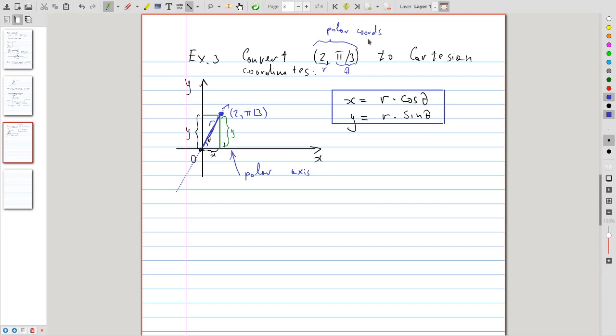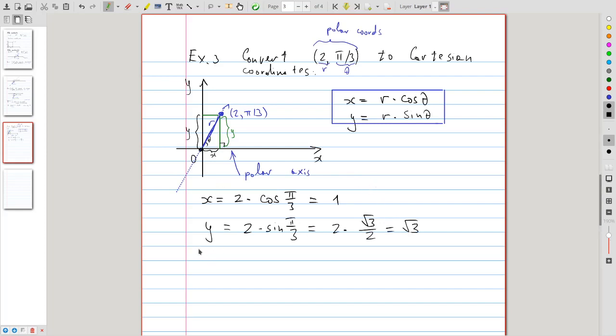In particular, for our point here, we will have x equals r times cosine of pi over 3, so that's 2 times 1/2 equals 1. y is equal to r times sine of theta, which is pi over 3, and that is equal to 2 times root 3 over 2 equals root 3.